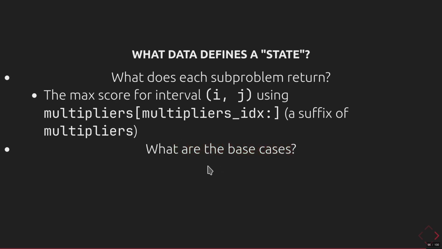I just tend to think about how deep can the recursion get? What does it mean to be all the way at the end? So if I'm at the end of multipliers, there's nothing else you can multiply. So I think in that case, you want to just return 1 since you're going to be multiplying stuff. Or actually, no, I think you're probably adding. So yes, you're going to return 0 if you exhausted multipliers.